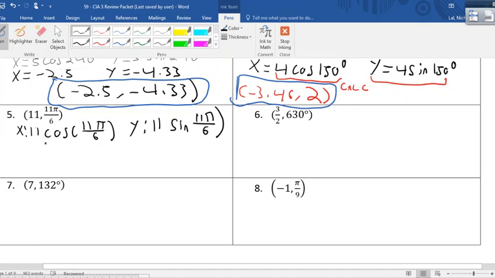Right? Sorry, it should be positive root 3 over 2. My fault. 11 times positive root 3 over 2. And 11 times the sine of 11 pi over 6 should be 11 times negative 1/2.